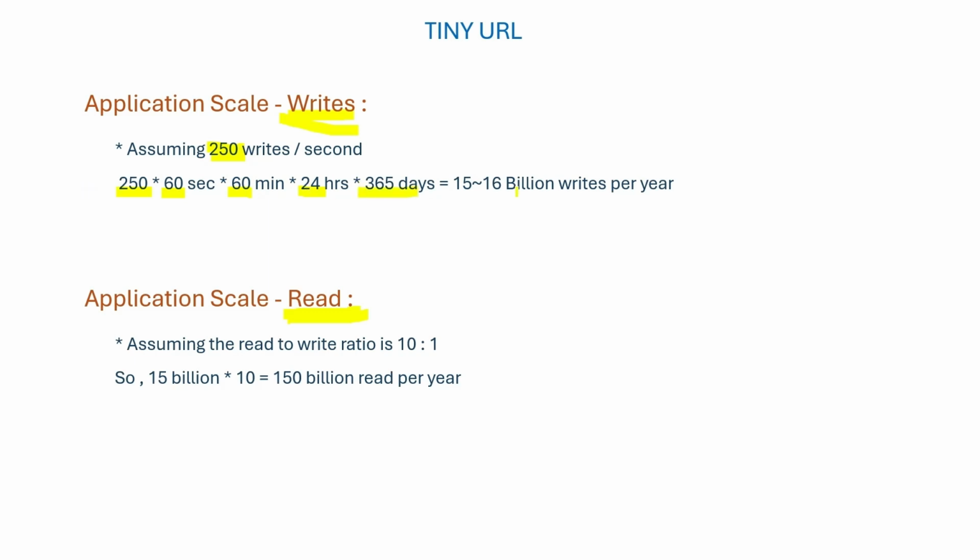When we multiply this, we would be generating somewhere around 15 to 16 billion writes per year. So this is the capacity of the system: around 15 billion writes would be happening into our DB.